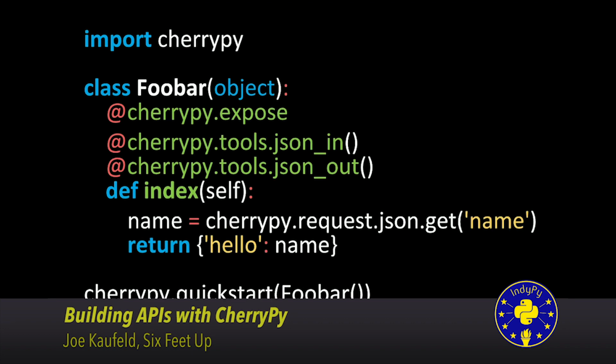So there is another tool for that, and this is actually mostly syntactic sugar, because you can just pull what you need out of CherryPy.request.body, but what JSON in does is it automatically grabs any JSON from the request, formats it, and attaches it to this really nice little JSON object on top of CherryPy.request. So this line is not actually required, but I just threw it in there so that you can see what it looks like if you want to interact with it. It's also a really easy way to check to see if someone sent you JSON.